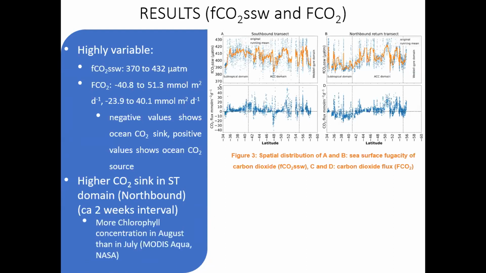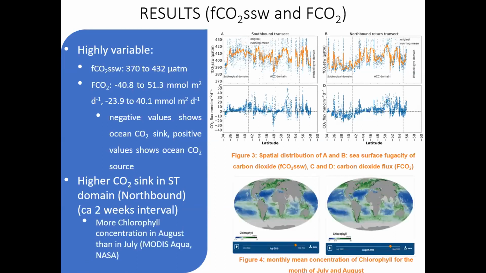But looking into satellite data of the MODIS Aqua from NASA, we tried to check the months that we are concerned about. That is, the southbound transit took place in July, while the northbound transit took place in August. And observing it, we can see there seems to be much more intensity of the mean chlorophyll concentration during August, which we can probably say was the result of the higher carbon sink that was observed in the subtropic region.